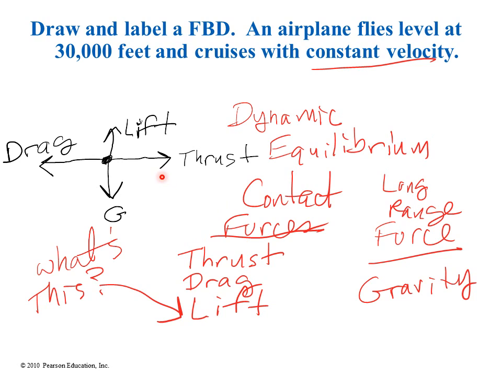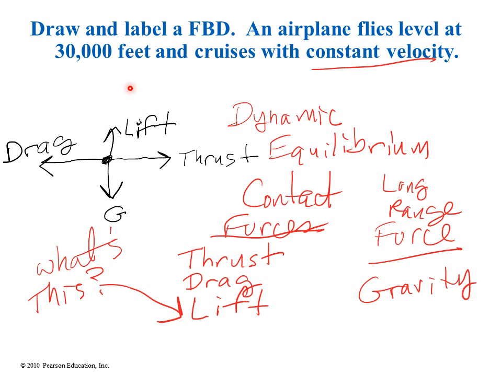This is what lift is about. So thrust pushes the plane forward. Drag is friction, and it opposes motion. You're like, okay, drag is a type of friction, it opposes motion. Gravity's heading down. So what is helping this airplane heading up? It's called lift.